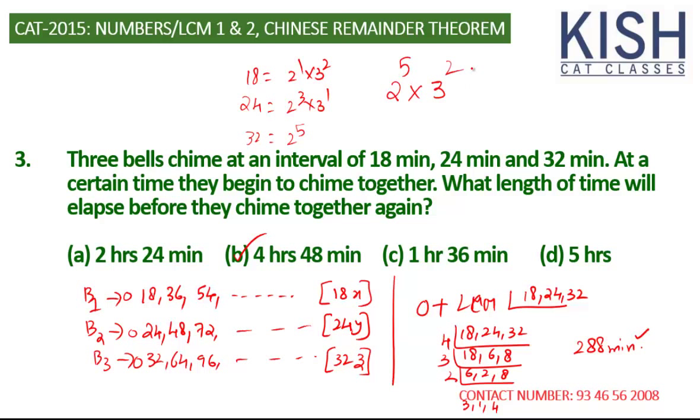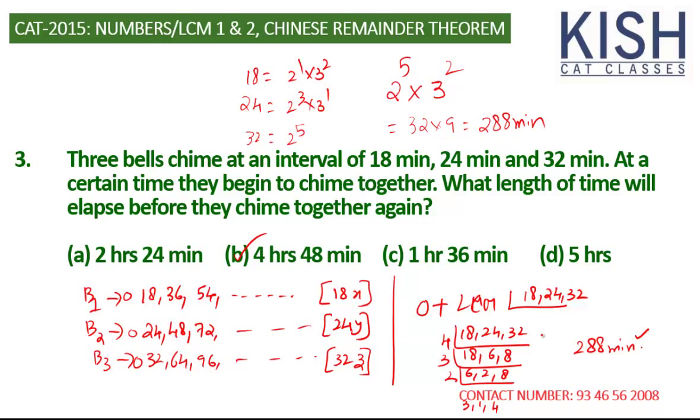That is 2. So that is 2 power 5 into 3 power 2, that is 32 into 9. So that's going to be 288.